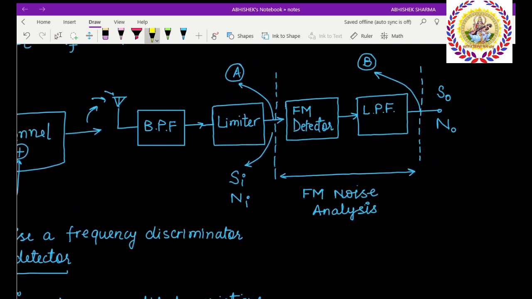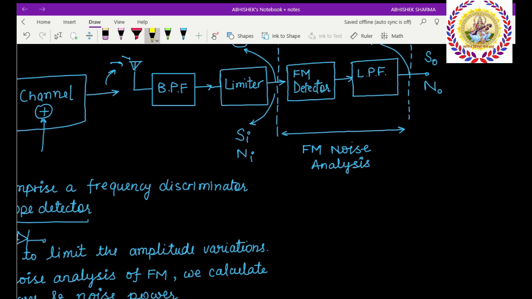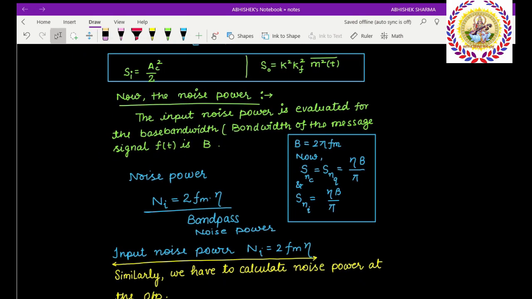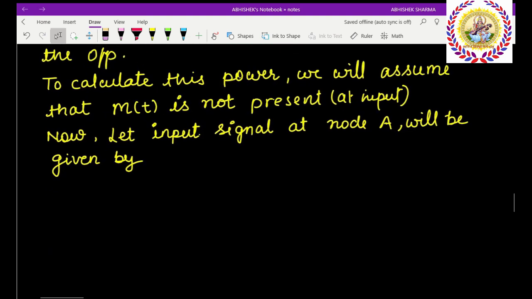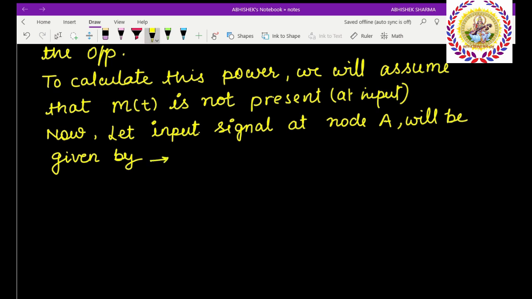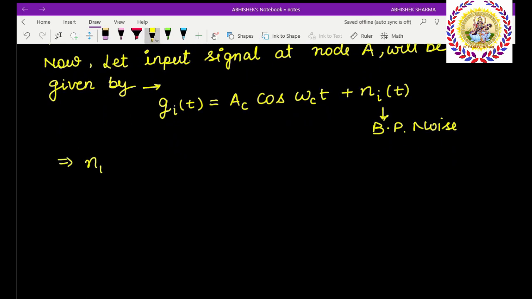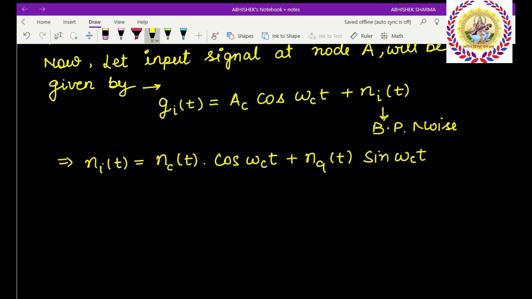I'm talking about the node A. So gi(t) will be equal to Ac cos of omega ct plus ni(t), where I assume the band pass noise after passing through the band pass filter is ni(t). Now as ni(t) is a band pass noise, we can replace it again with its low pass equivalent, which is given by ni(t) equal to nc(t) cos omega ct plus nq(t) into sin omega ct. Now we will replace this value in the above expression.